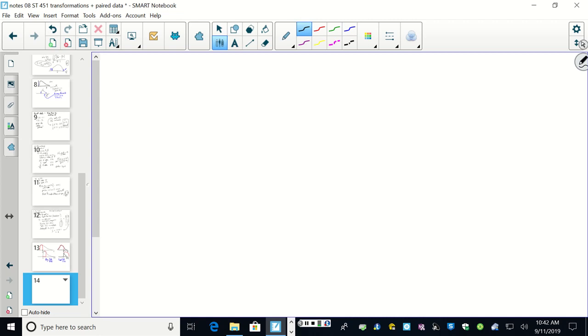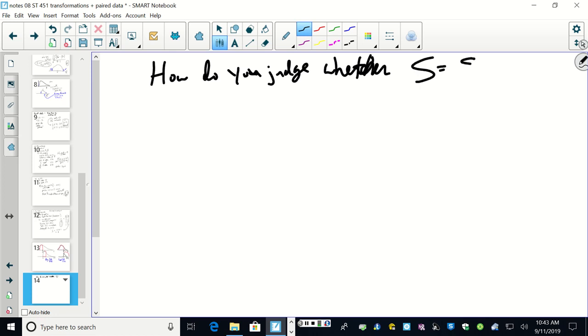So how do you judge whether the sum of the ranks when yi is greater than 0, the sum of the absolute ranks, is extreme?